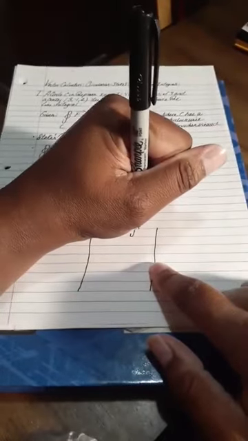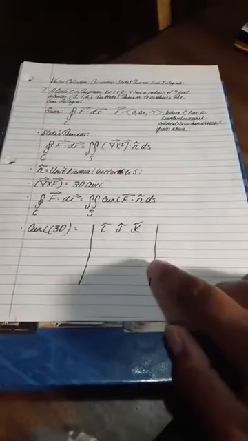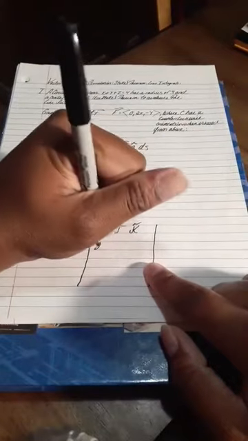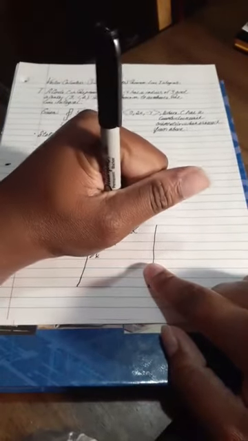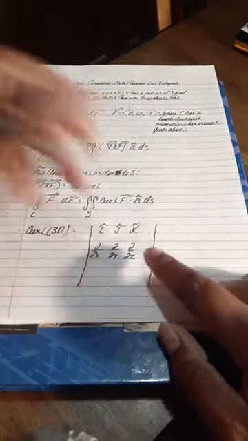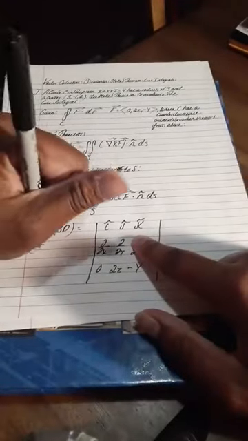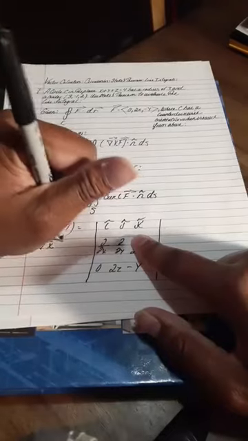So remember, our first row is i, j and k, those unit vectors. The second row will be the partial with respect to x, the partial with respect to y, and the partial with respect to z. And then we'll take the components of our vector field, which are 0, 2z, and negative y, and we will go ahead and calculate the curl here, which again is just going to be our cross product.